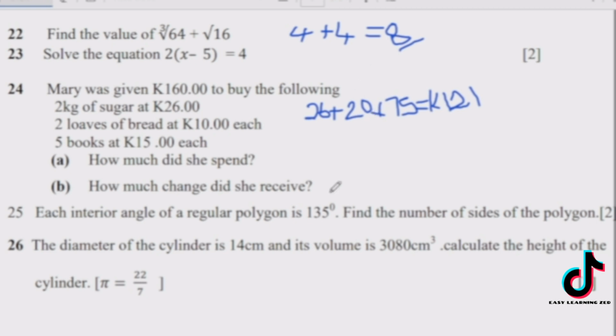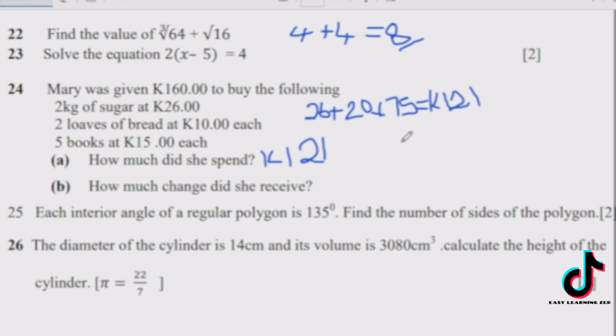So how much did she spend? We are saying 121 kwacha. That is the amount she spent from 160 kwacha which she was given. Then how much change did she receive?